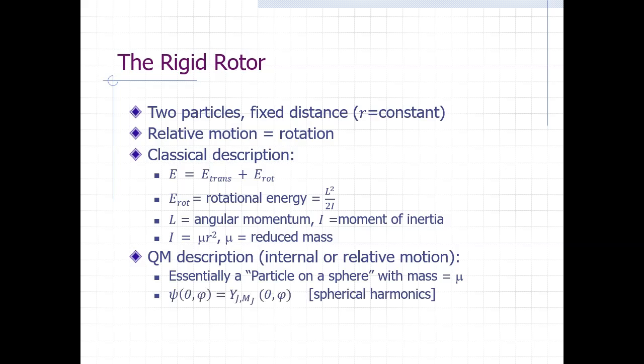The quantum numbers are typically called J and M sub J instead of L and M sub L. The quantum number J is restricted to non-negative integers, and the quantum number M sub J is restricted to integers with absolute values less than or equal to J. The rotational energies are quantized and are restricted to J times J plus 1 times B, where B is the rotational constant equal to h bar squared over 2I.